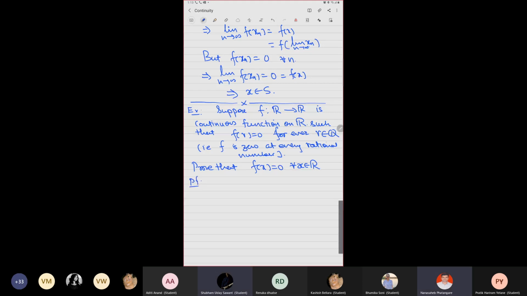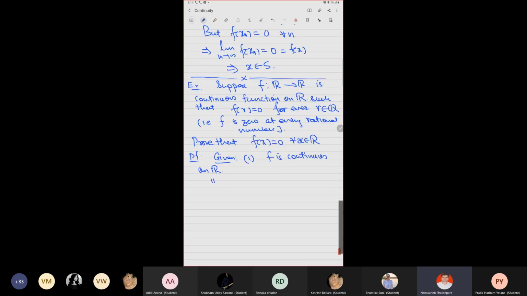Right. Do you see it is straightforward? So what is the given data? Given data is f is continuous on R because everywhere it is continuous.